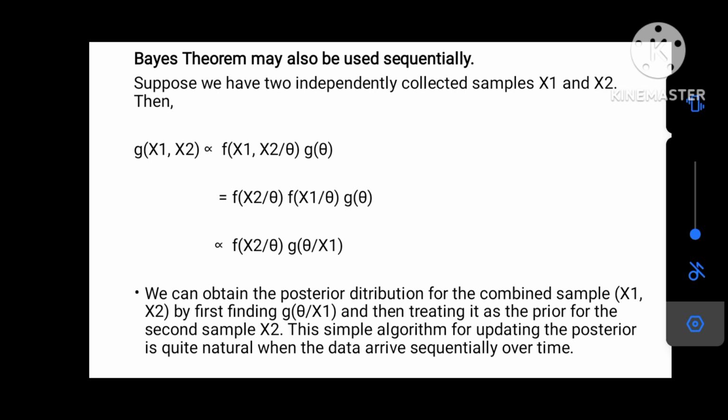Suppose g(θ | x1, x2) is directly proportional to, because x1 and x2 are independently collected samples, f(x1, x2 | θ) g(θ).